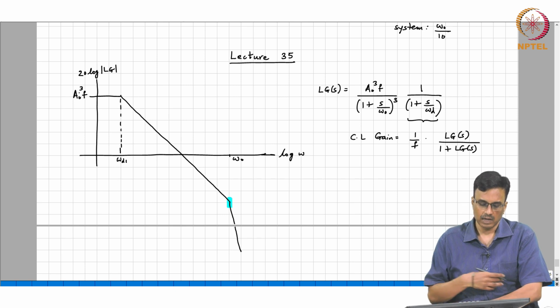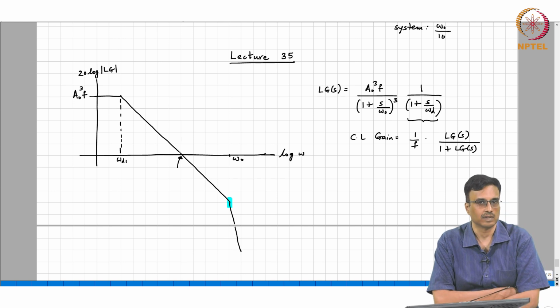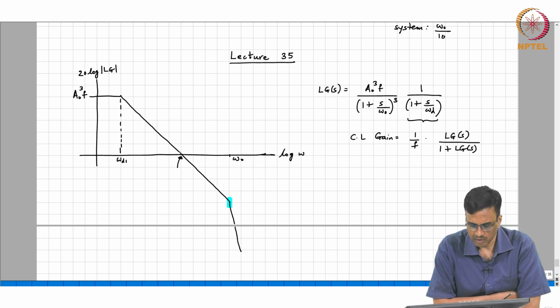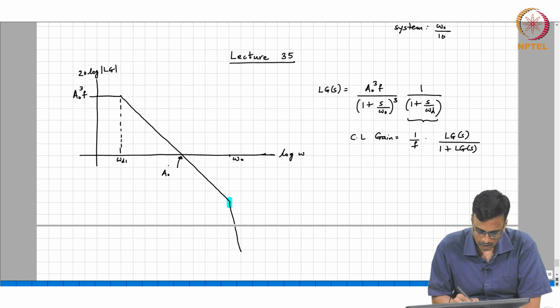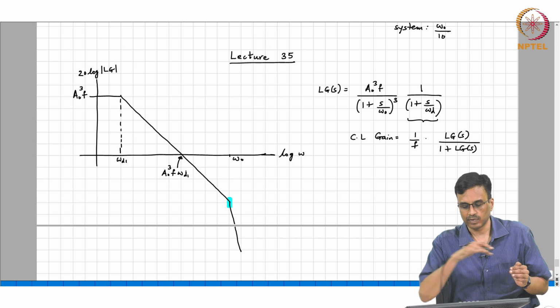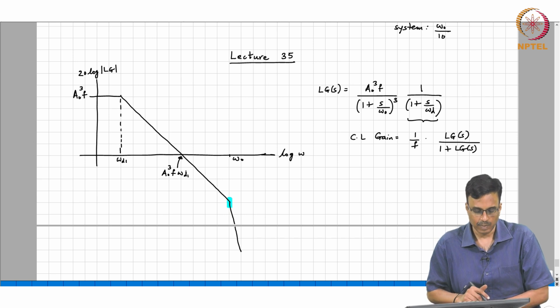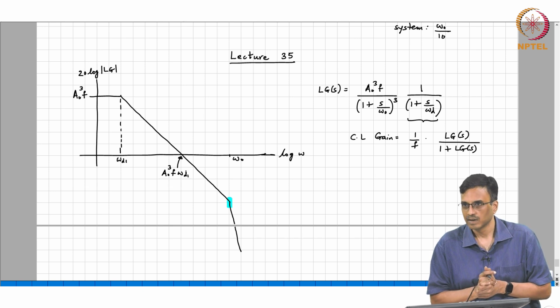We have seen that the bandwidth of the system has gone down. What is the bandwidth now? A naught cube f times omega d1, right? Whereas earlier the loop gain had a very high magnitude all the way up to omega naught, but that didn't really help because the system was not stable in the first place.